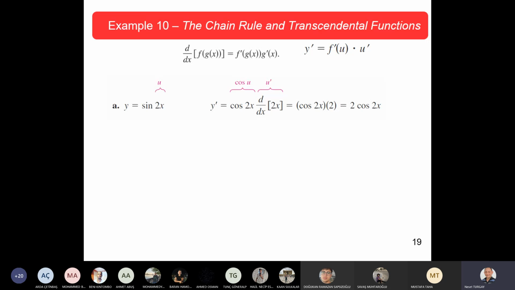No, not 3x. If this was sine 3x, what is the derivative of sine 3x? Cosine 3x times what? 3. Yes, 3, exactly. You understand the idea?